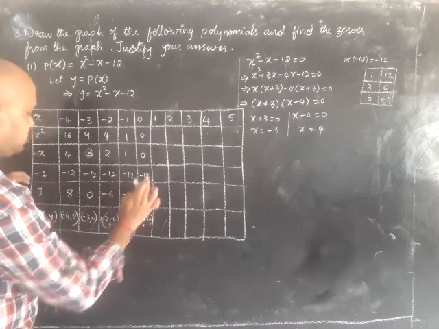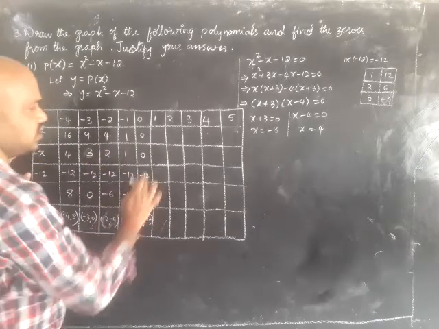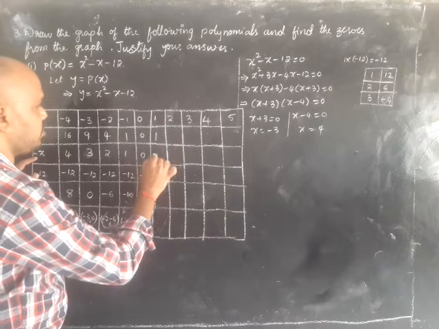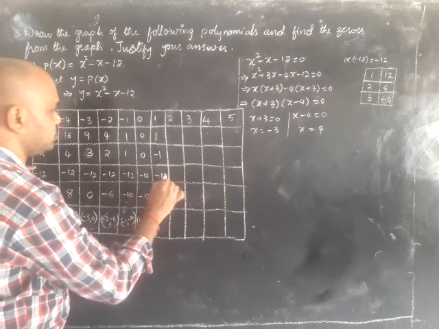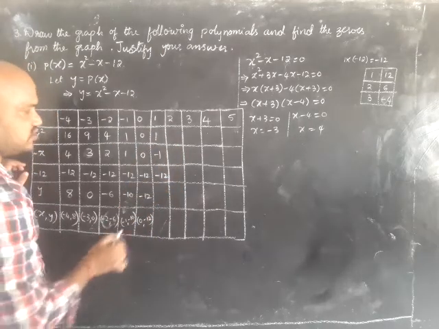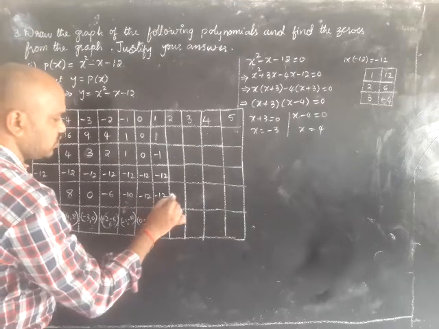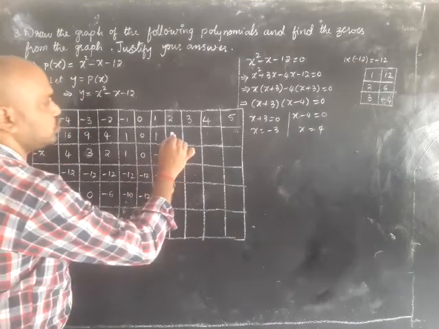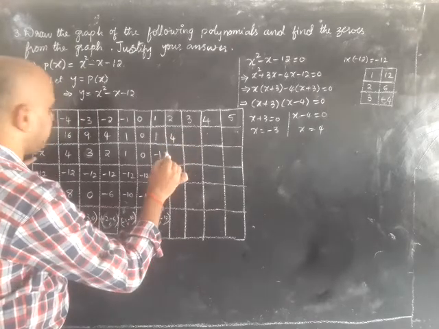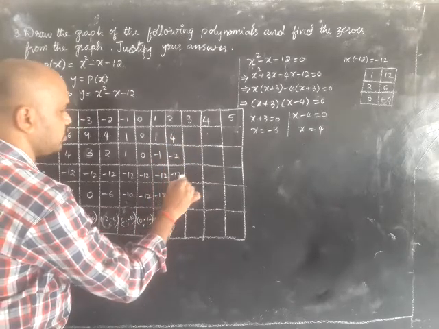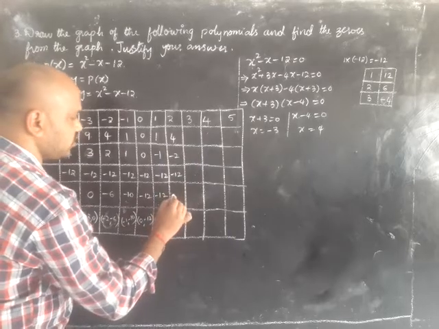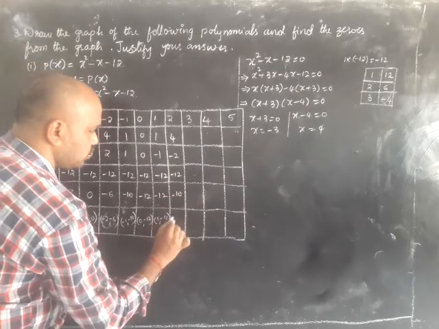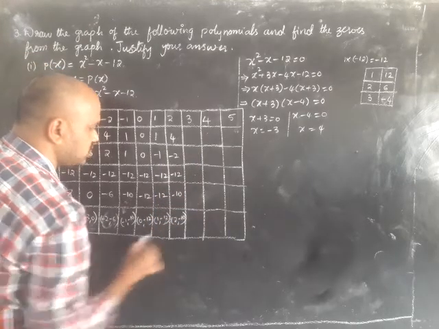If we add these 3, these 3 we have to add. 1 square is 1, minus 1, minus 12. So 1 minus 1 is 0, 0 minus 12 is minus 12. So 1 comma minus 12. 2 square is 4, minus 2, minus 12. 4 minus 2 is 2, minus 12 is minus 10. So 2 comma minus 10.